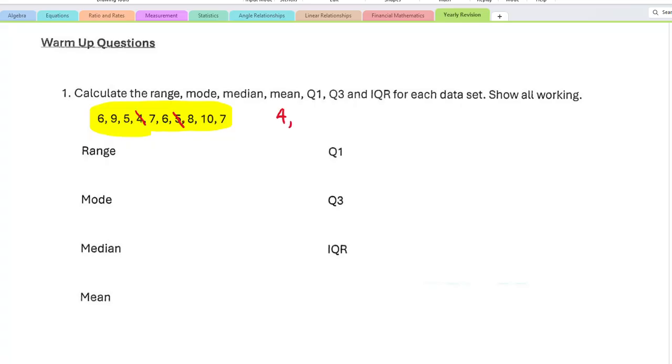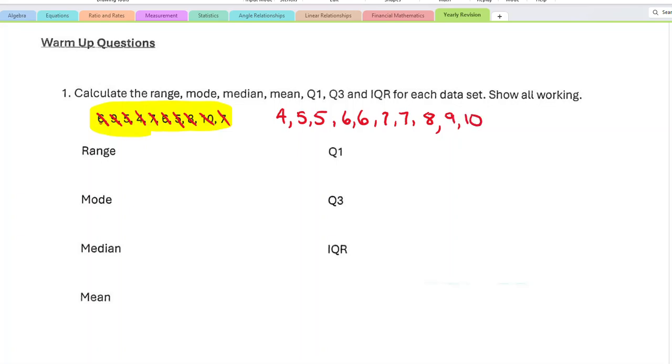Then there are 2 5s. Then 2 6s. Then 2 7s. Then 1 8. And 1 9 and 10.